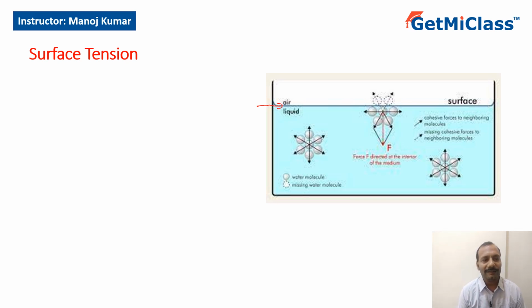So then what is surface tension? Surface tension is the property of a liquid surface to act as a stretched membrane. So it is the property of a liquid surface by which it acts as a stretched membrane. If it acts as a stretched membrane, it gives some reaction. So it causes some force on the objects which are placed on it. So that is what is surface tension.